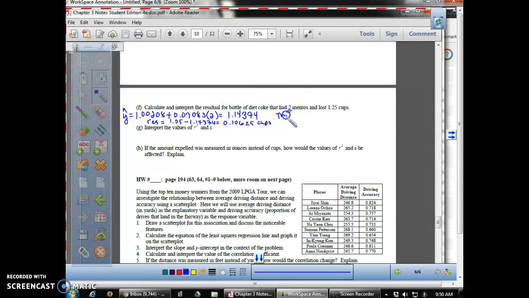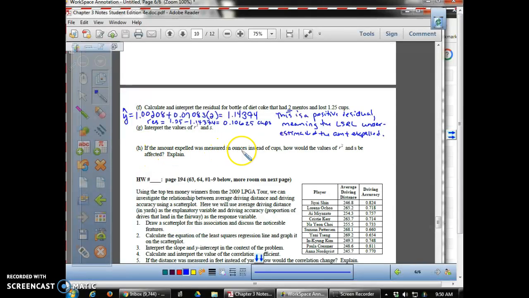So that is when you say this is a positive residual, meaning that the model underestimated the amount that would be expelled. So the least squares regression line underestimated the amount expelled.